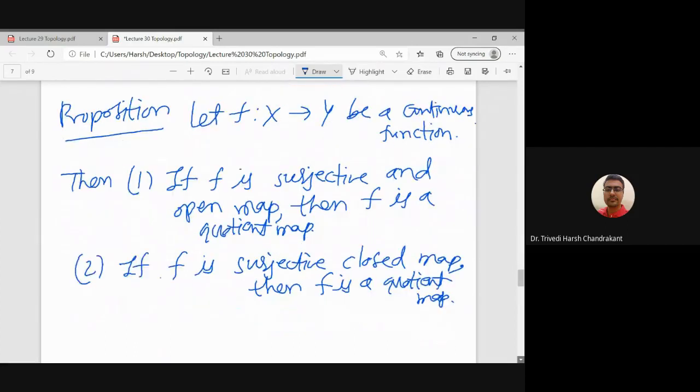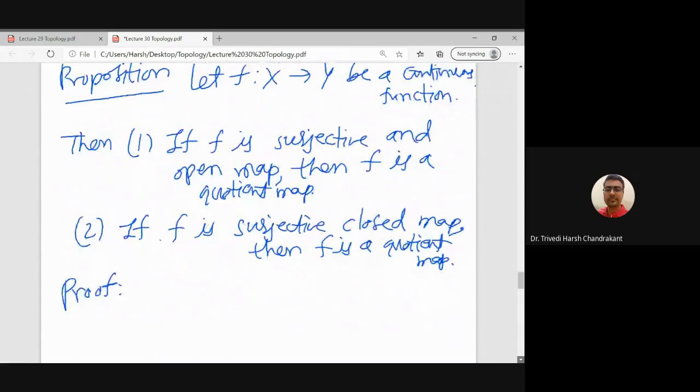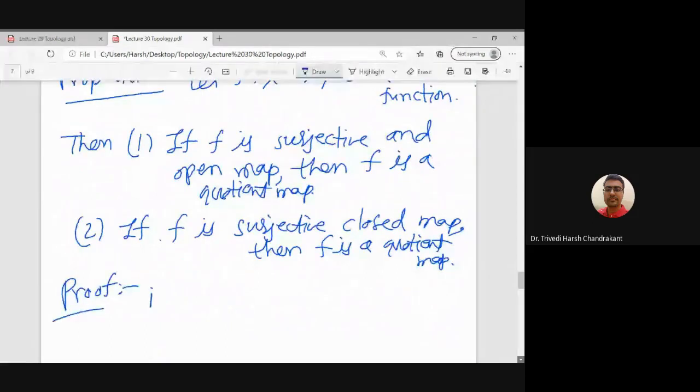If I know a function which is open or closed, surjective and continuous, then by this proposition it will automatically be a quotient map. We will prove the first part, and the second part is similar, so it can be verified easily.